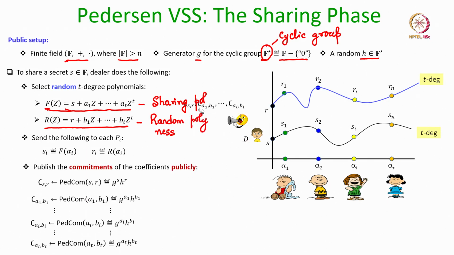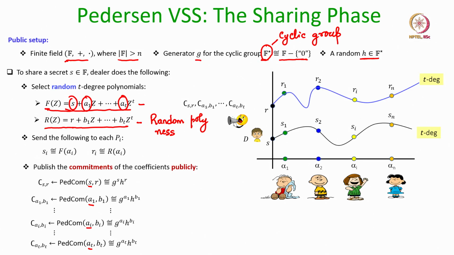Additionally, it also makes public the commitment of each of the coefficients of the sharing polynomial as per the Pedersen's commitment scheme. So, what are the coefficients of the sharing polynomial? S, a1, a2, a_t. So, they are individually committed as per the Pedersen's commitment scheme.